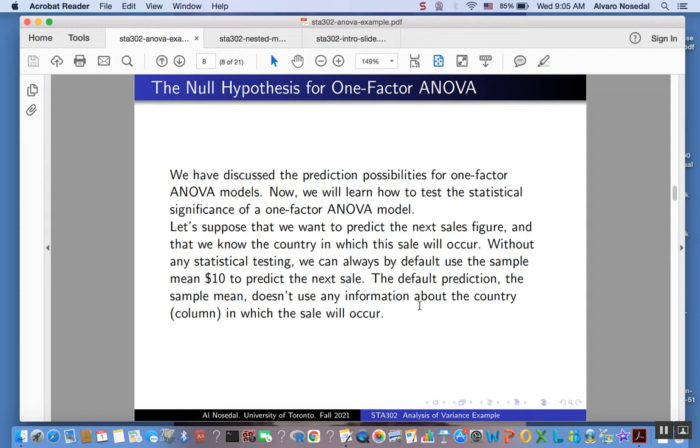So again, going back to our example, we're going to use a hypothesis test to see what's the better idea: using the sample mean using all 12 observations, or restricting our attention to the mean coming from the country in question.